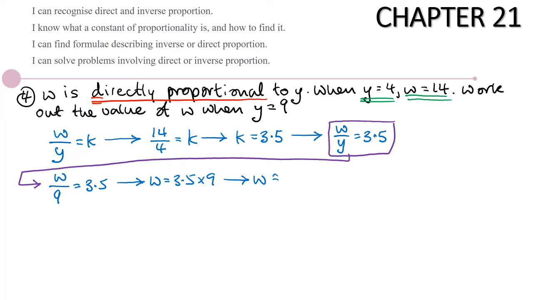Gives me a final answer of w equals, let's work that out, 3.5 times by 9. Get 63 over 2, which is 31.5. Again, you can leave your answer as a fraction. That's totally acceptable. So there's my final answer.